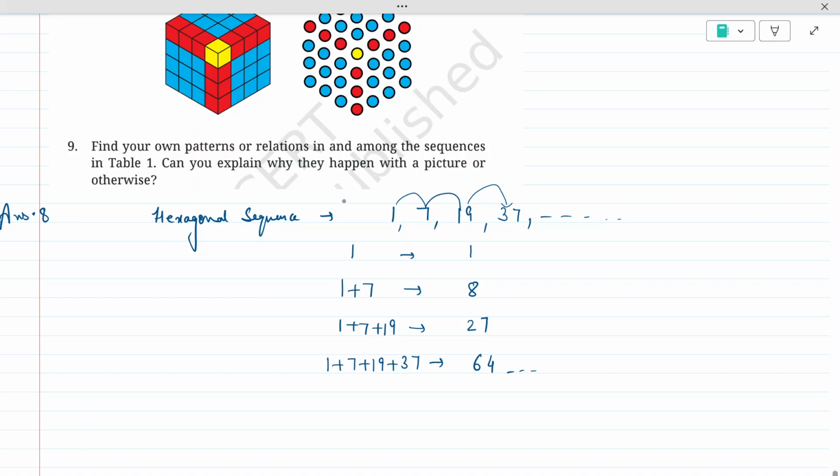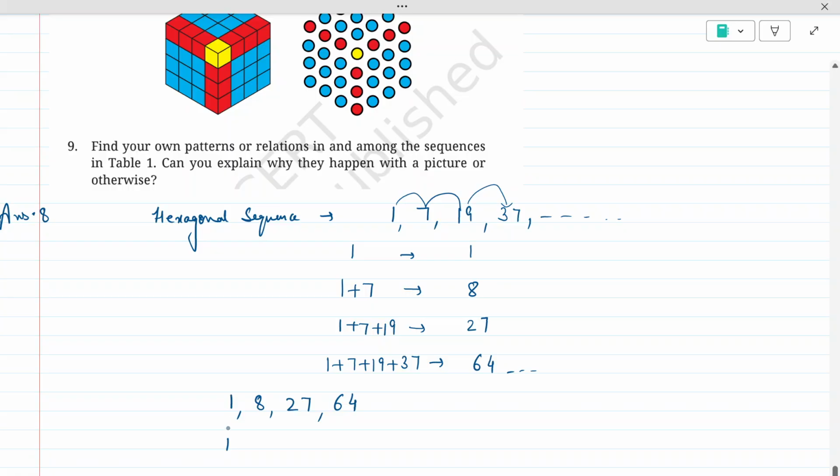Now what I am going to do is write down these numbers here: 1, 8, 27 and 64. If you see these numbers carefully, which sequence is this? This is a sequence of cubes.